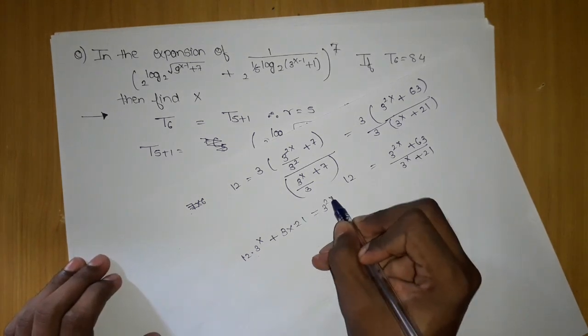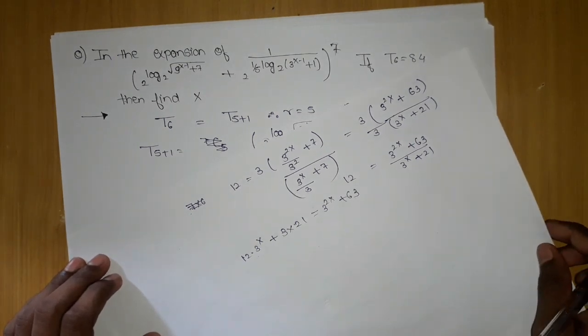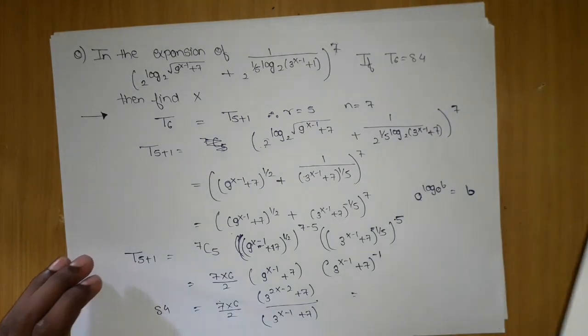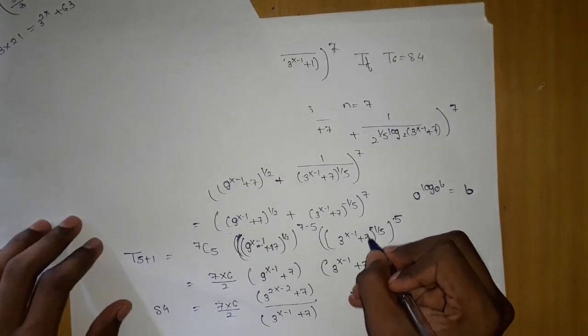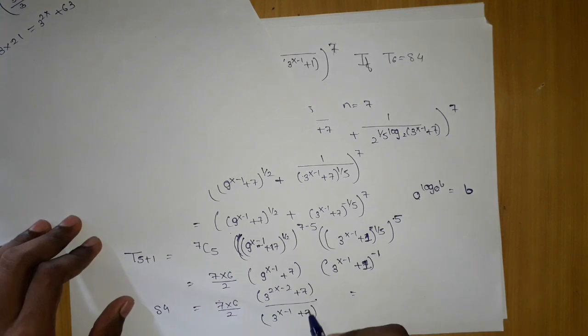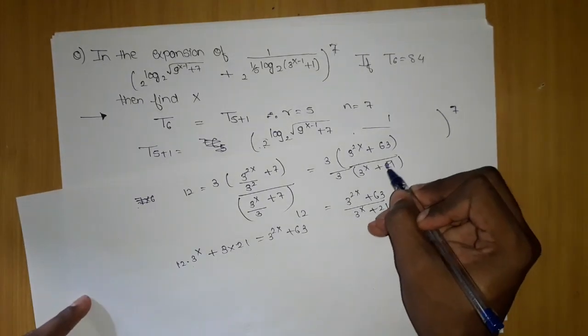And here 3 power 2x plus 63. Okay, let me just check one thing. Here it was 1, it was not 7, it was 1, so if we multiply here 3, this will not be 21, this will be 3.